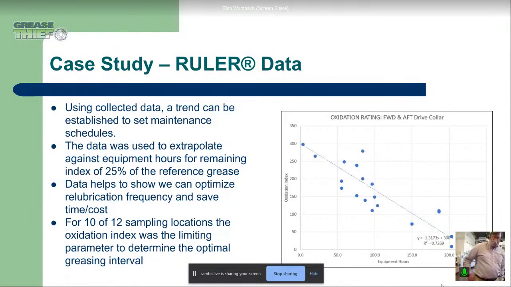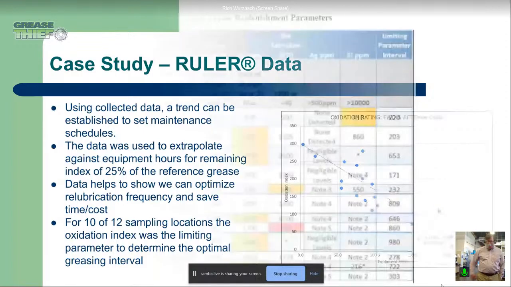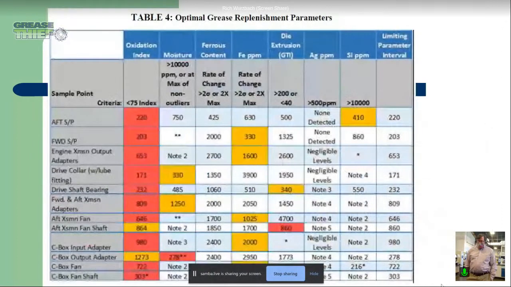And what that resulted in was a significant increase in availability of that asset, as well as enhancement of reliability, life, and flight safety, because we are addressing the one component here that does need more frequent greasing while being able to optimize the life of other components, reducing maintenance activities, cutting the labor requirements nearly in half, and significantly increasing the time of availability for this asset in the field, because we're no longer unnecessarily greasing assets that still have remaining life. And so all that's kind of wrapped up in this graph here.